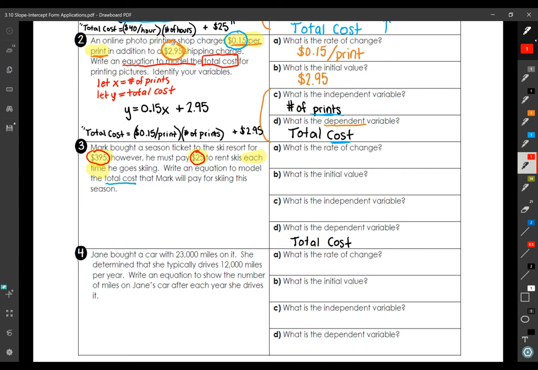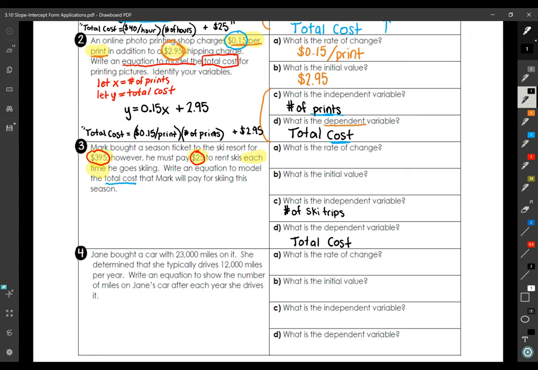If he doesn't go skiing a lot, his price will be lower. So the independent variable is the number of times he goes skiing. Or actually, I'm going to reword that. I'm going to write, just to make it easier, number of ski trips or something like that. Number of ski trips.